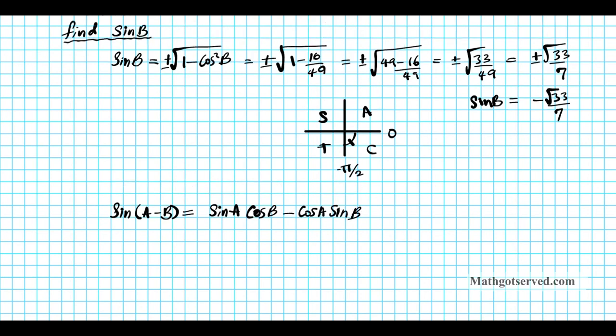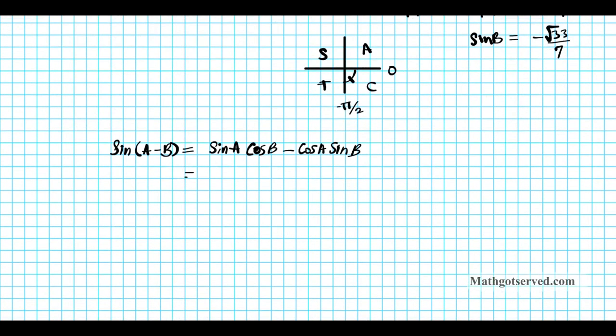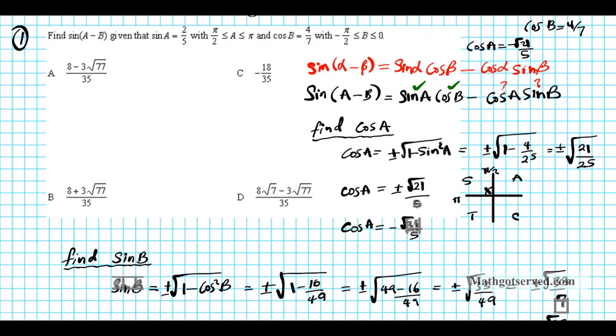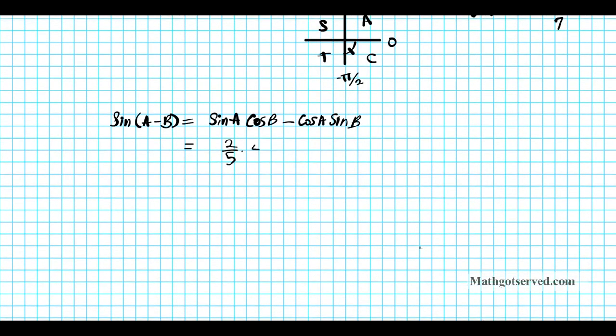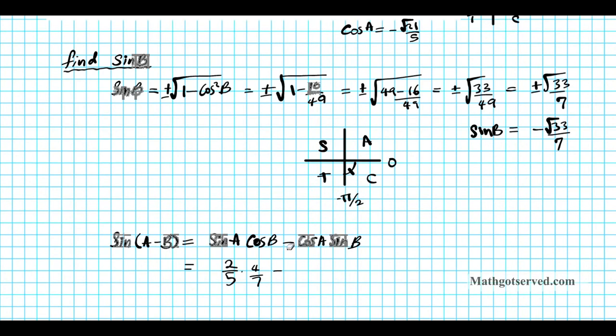Sine A is 2 over 5, times cosine B, which is 4 over 7, minus cosine A. What's cosine A again? Negative root 21 over 5. Let's put that in parentheses. Negative root 21 over 5 times sine B, which is negative root 33 over 7.